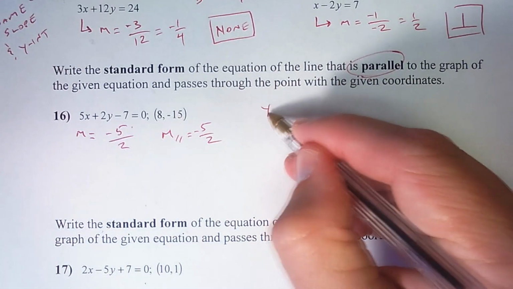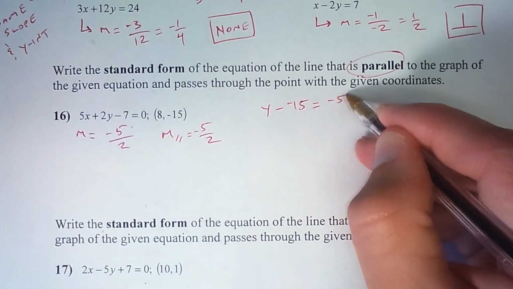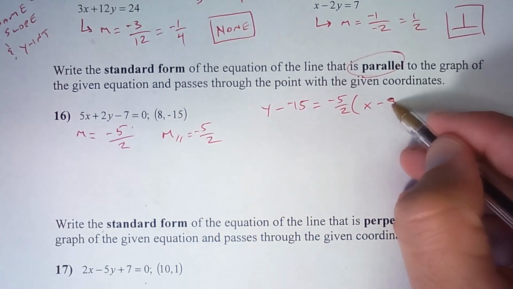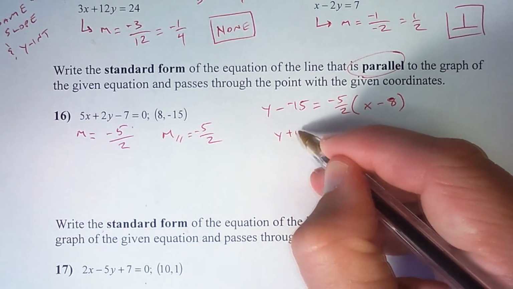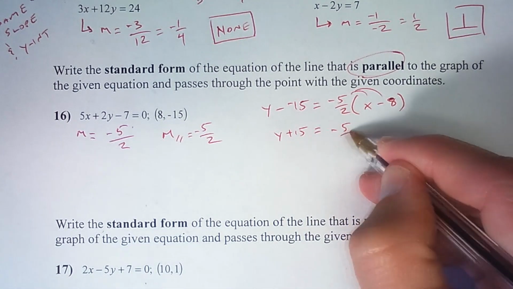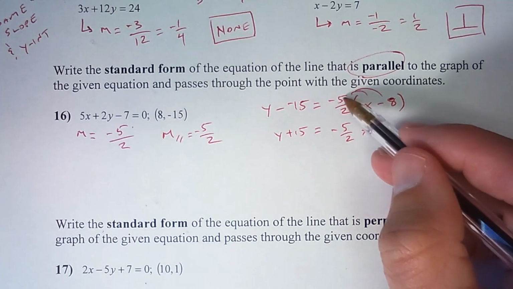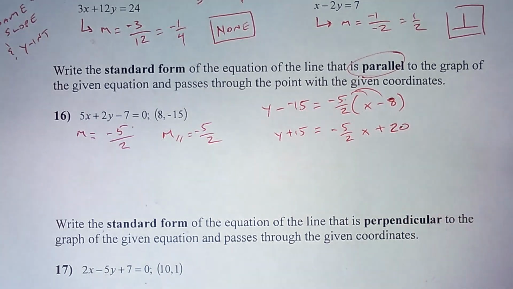So we've got y minus y1 equals m times x minus x1. Okay, so that's y plus 15 equals, and I can distribute -5/2 x, and then positive 5 times 8 is 40, divided by 2 is 20.